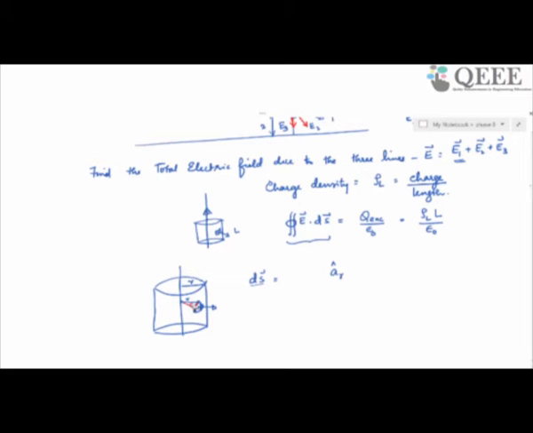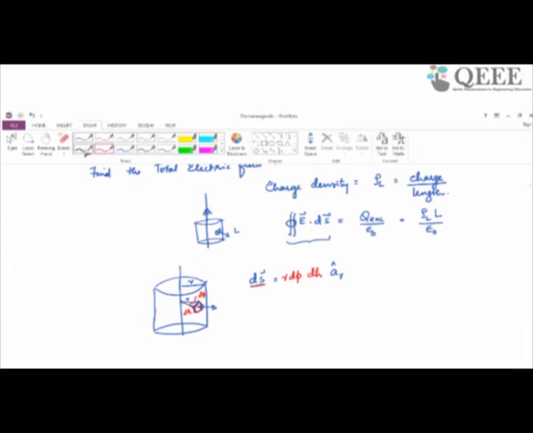So, I have an elemental angle d phi and an elemental length dh. This elemental angle d phi tells me that the length of this elemental arc is r d phi. This is r d phi, and this height is dh. So, this is how I calculated my surface dS.